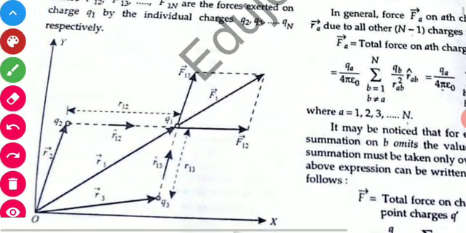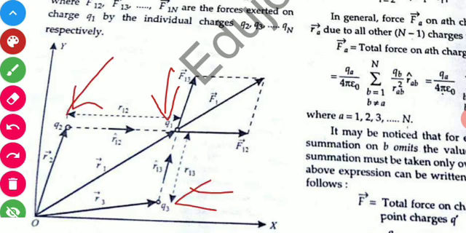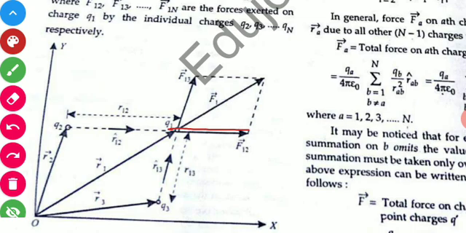Now here, as shown in the diagram, there is a charge q1. This is q1, this is q2 and this is q3. Force is applied on the charge q1 by charge q2 as well as by q3. If we see from the diagram, the force applied on charge 1 by charge 2 is F12.